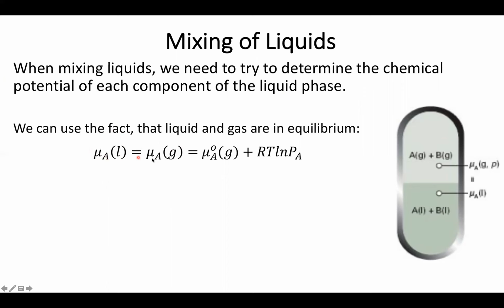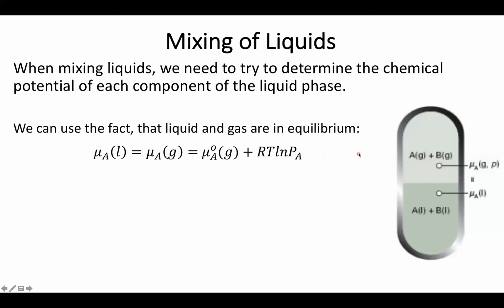And then at this point, I know that the chemical potential of the gas can be given as the chemical potential of the gas at standard state, plus RT times the natural log of the vapor pressure of A. Because again, this is an equilibrium species, so the partial pressure in this case is indeed going to be the vapor pressure of the system.